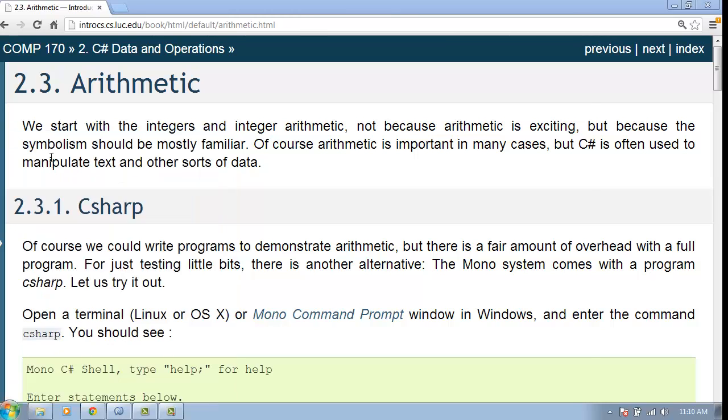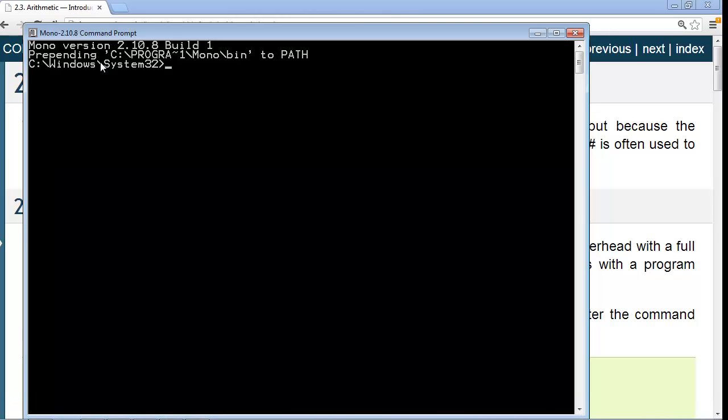Unfortunately, I need this particular one. Doesn't really matter where we are in the system here. All I want to do is start csharp. By the way, this would look pretty much the same if you were on a Mac. On a Mac, you can just open a terminal and automatically csharp and the mono stuff should work.